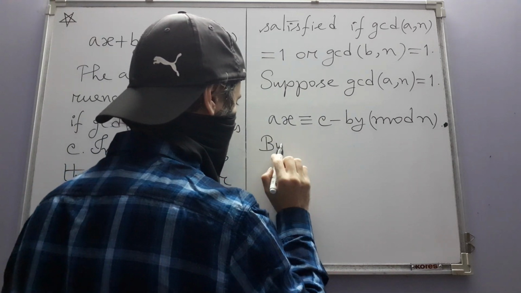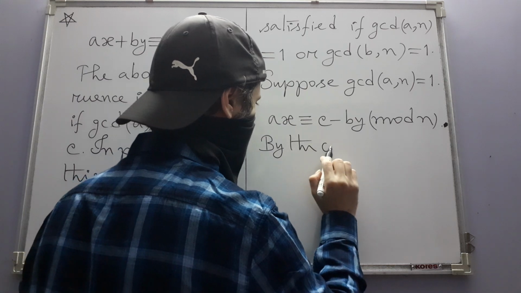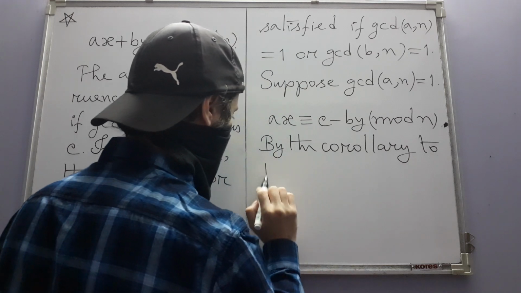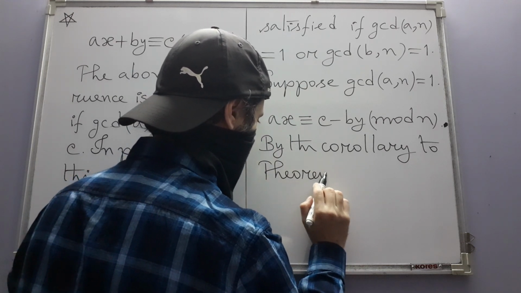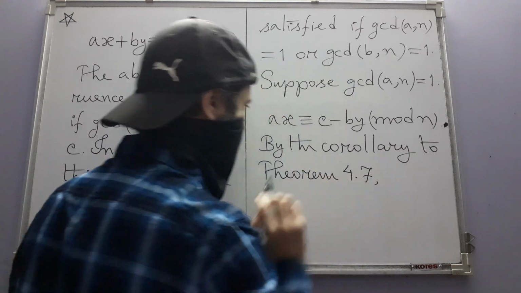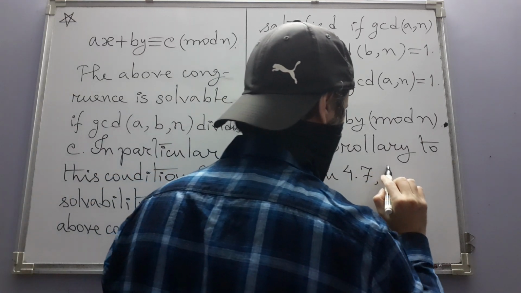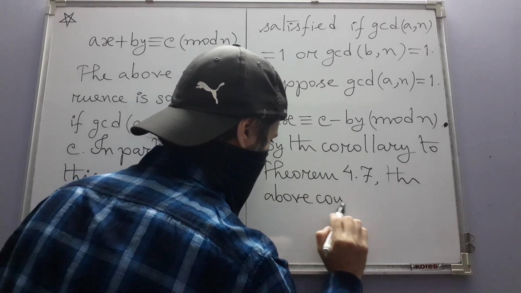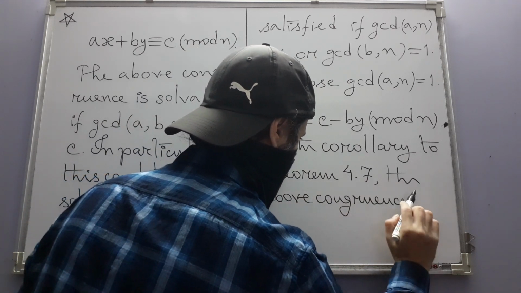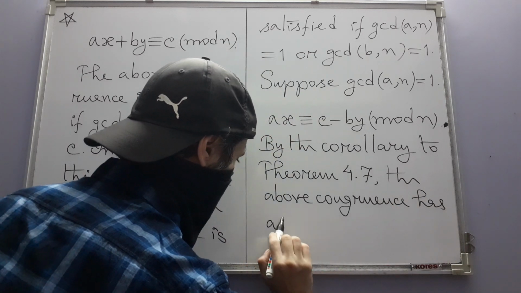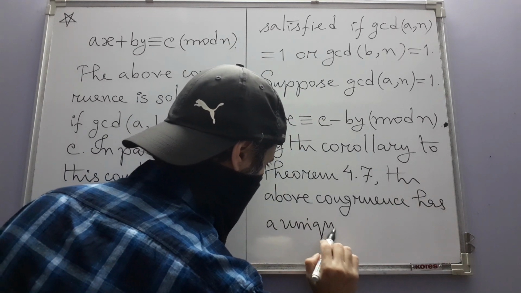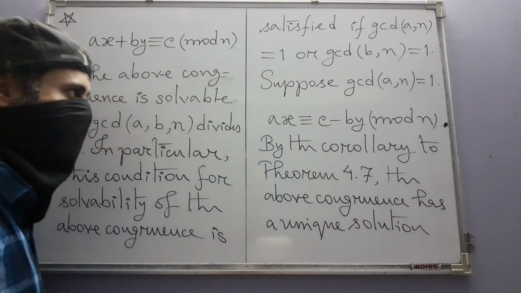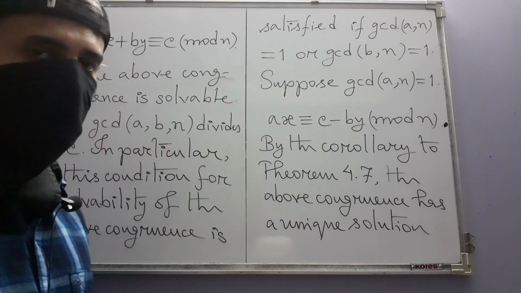By the corollary to theorem 4.7, this congruence has a unique solution, and the uniqueness of the solution comes from the fact that the GCD of A and N is 1.